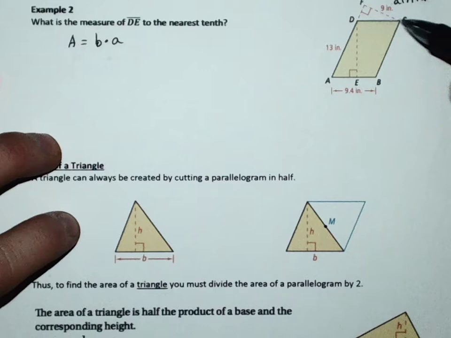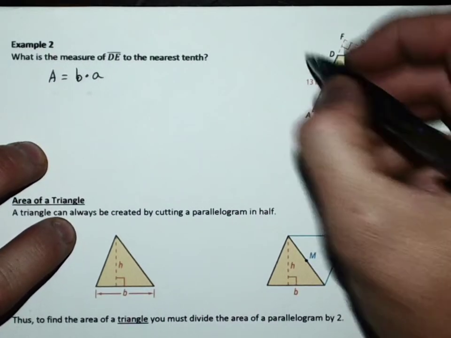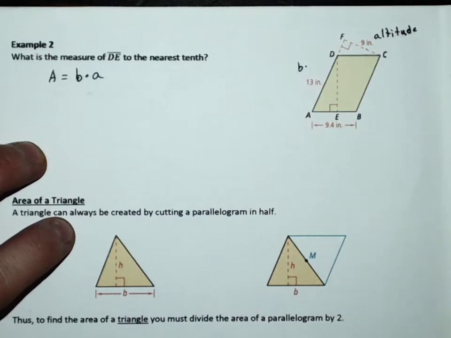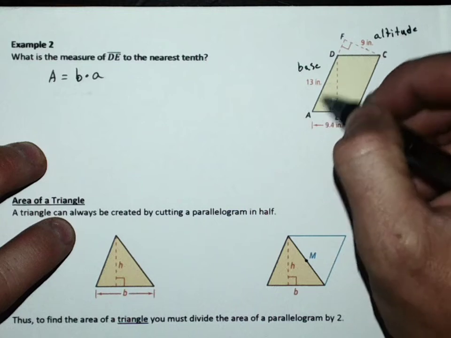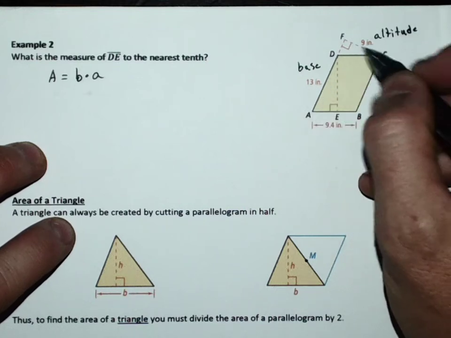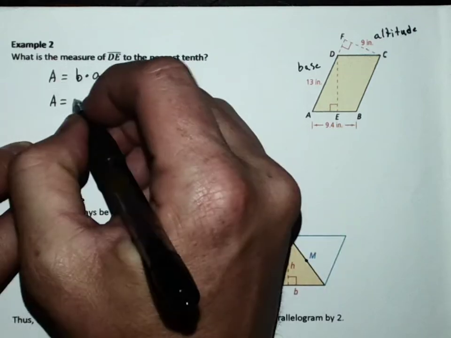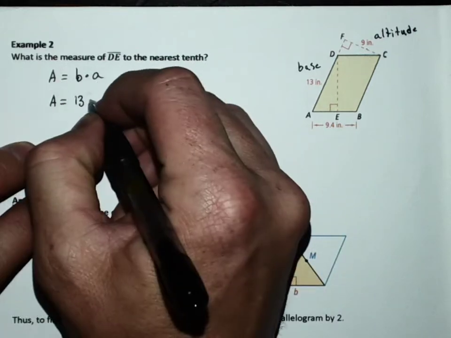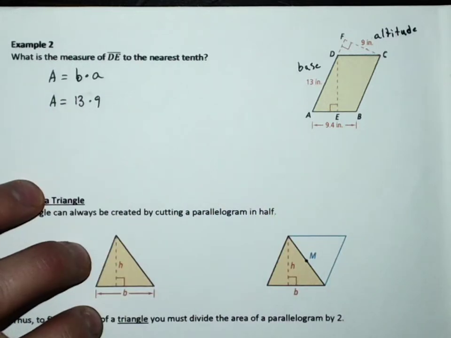And if I use this altitude of 9 up here in the corner, this 13 is going to be my base. 13 is my base with the altitude of 9. So the area is going to equal 13 times 9. And 13 times 9 is 117.